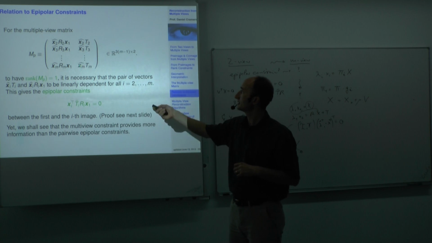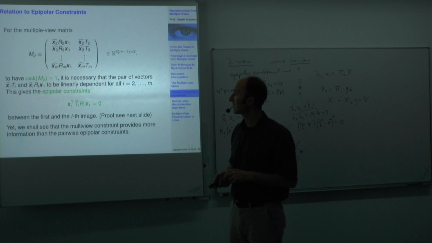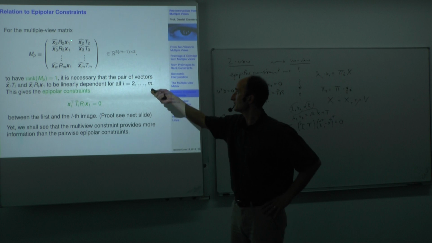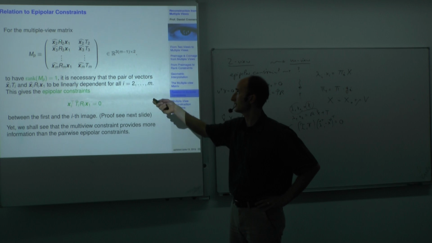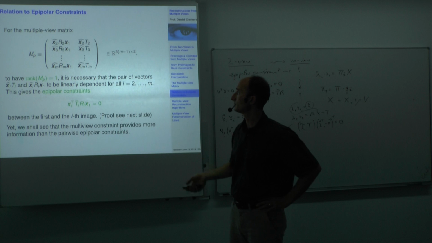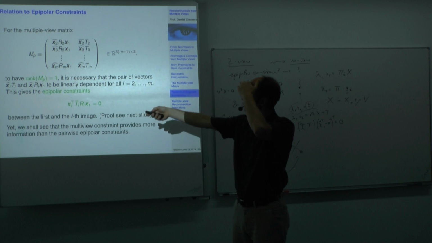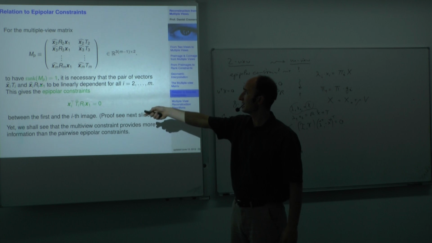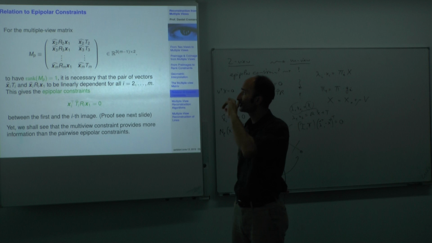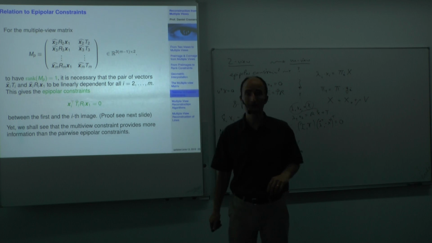The constraint that this has rank 1, exactly rank 1, so a unique reconstruction, says that this should be a multiple of that. So this column should be a multiple of that column, and more specifically, it says that xi hat ti and xi hat ri x1 should be linearly dependent.